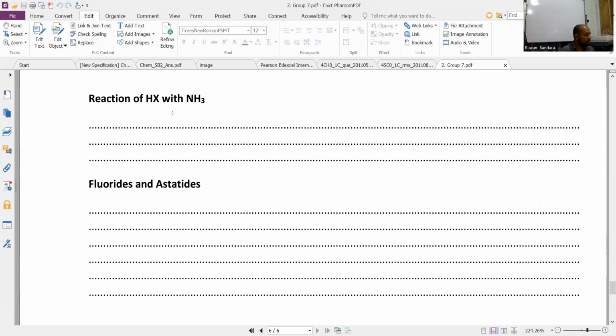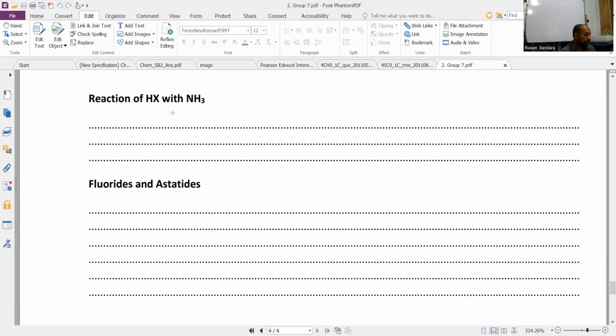Write it down. All hydrogen halides react with ammonia to form white ionic solids.